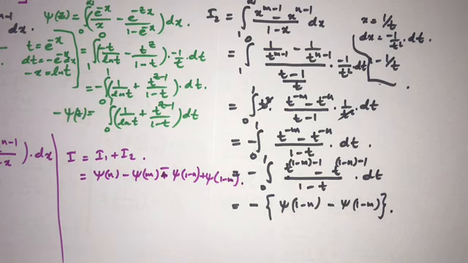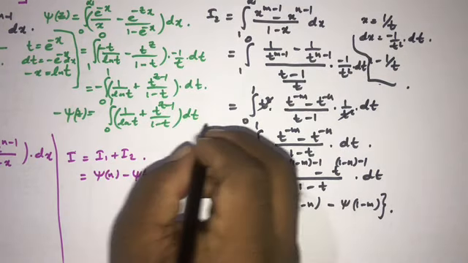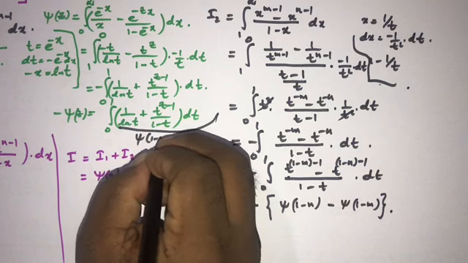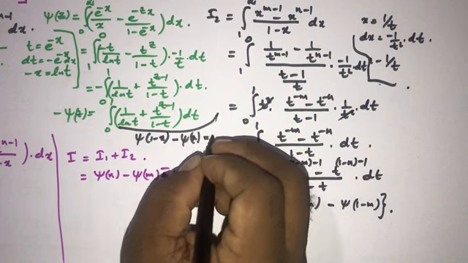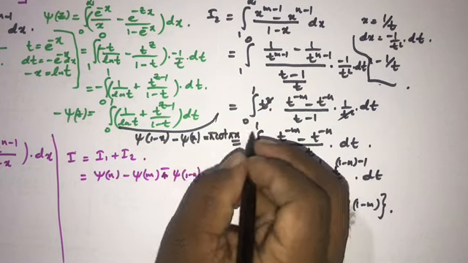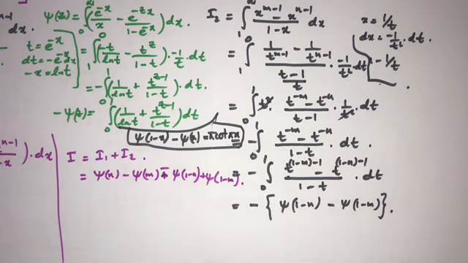Now we know this general case: digamma of 1 minus x minus digamma of x is equal to pi cot pi x.